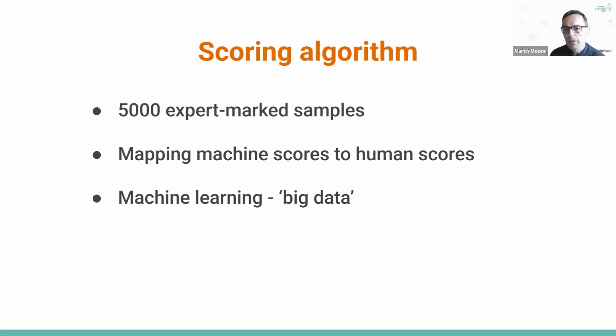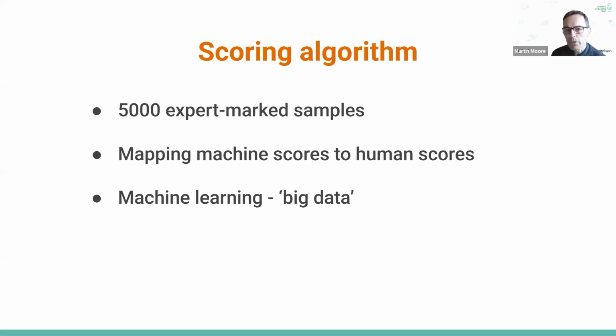And then it can map the machine scores to the human scores and come up with an algorithm that effectively says that if you have this score with a combination of all of the features, that would map to either an A2 or a B1 or a B2. And because you have such a large number of samples, well, that phrase big data is often used, then it makes it highly reliable, that the correlation between those scores and the expert markers means that we can rely on that.